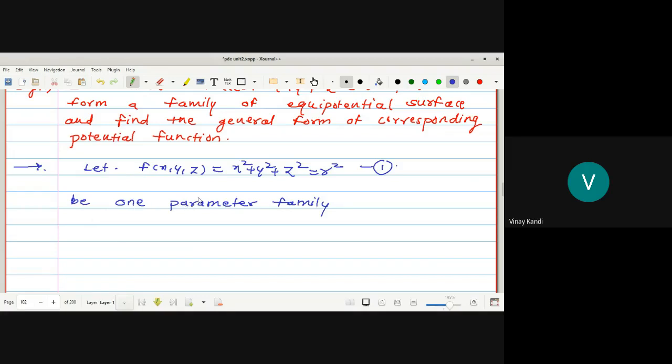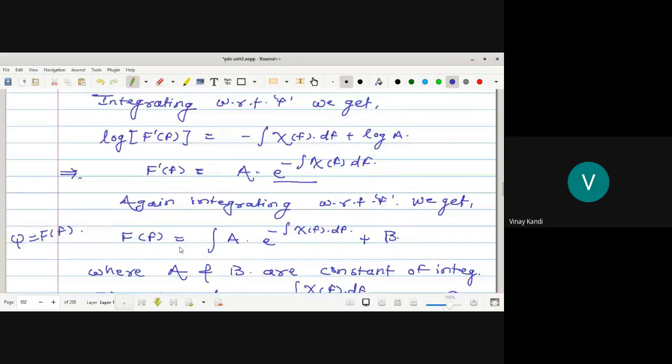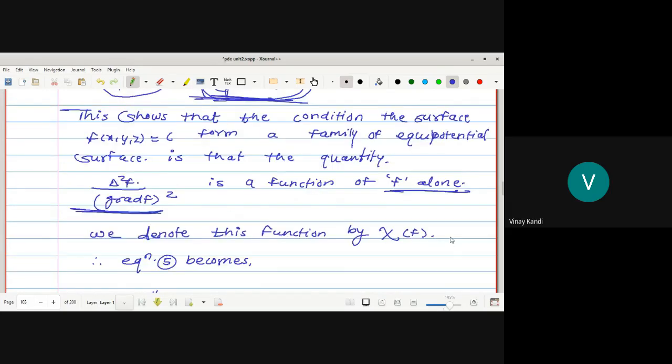So be the one parameter family of surface. Okay, so we know the equation 1 forms the family of equipotential surface if, look at it, this quantity forms a function of f alone.